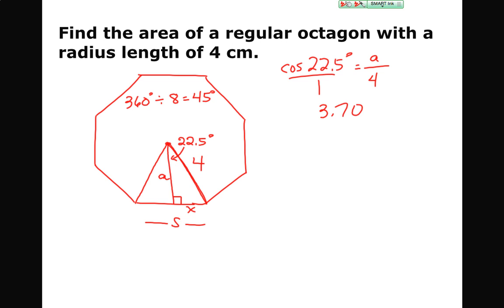They say 3.70. And how'd you find x? Did you do another trig ratio or the Pythagorean theorem? Trig ratio, okay, you could do either one probably. If you're doing a trig ratio, probably opposite and hypotenuse, sine. You could use tangent, but you're going to be using something we already rounded, so maybe that's not the best choice. Okay, so what does that little piece, I guess it's not the apothem, what does that little piece end up being to 2 decimal places?